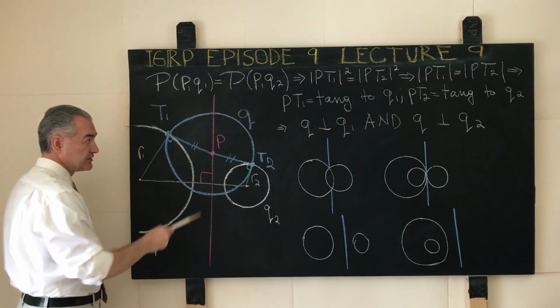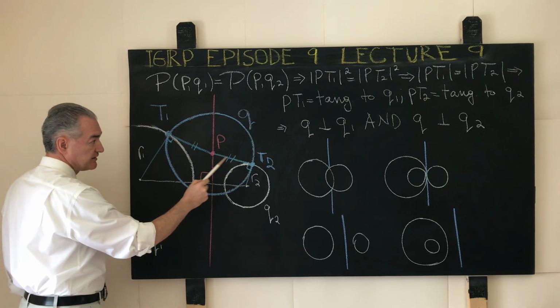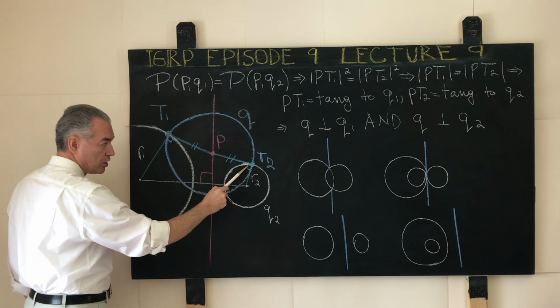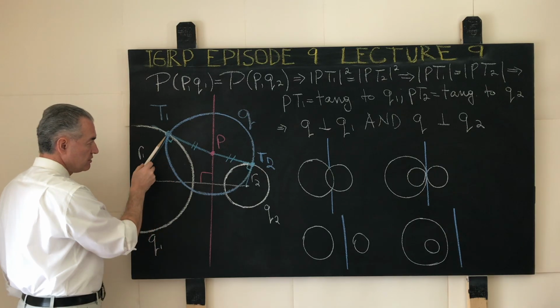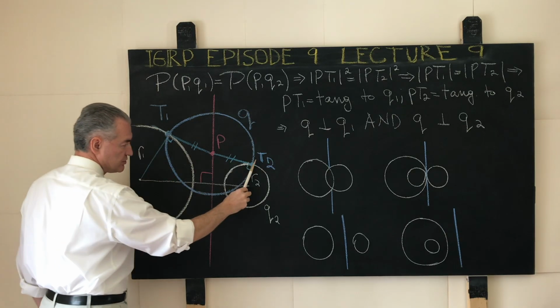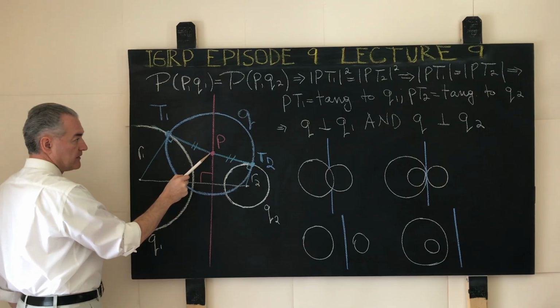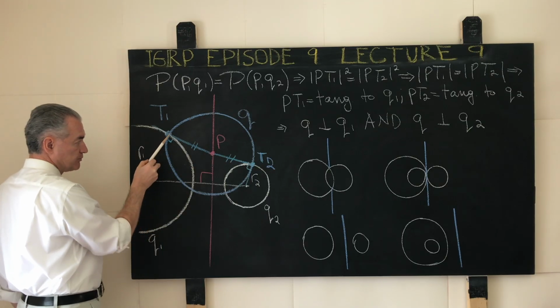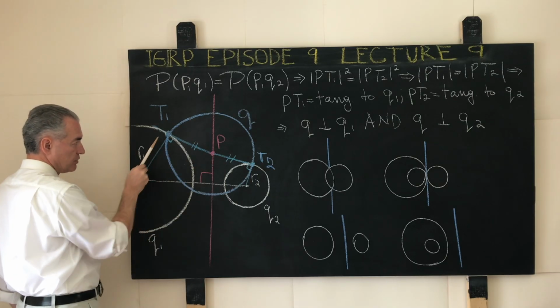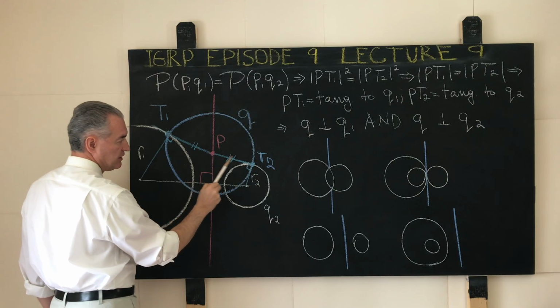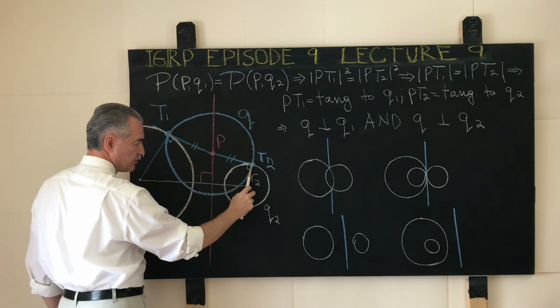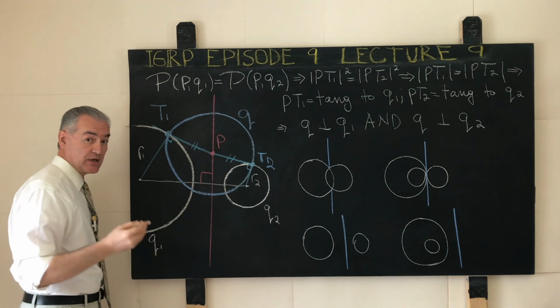So now, if we use the fact that these line segments are tangents, that means they are perpendicular to the radius of each corresponding circle. The line segment PT1 is perpendicular to the radius R1, and the line segment PT2 is perpendicular to the radius R2. And what does that mean?